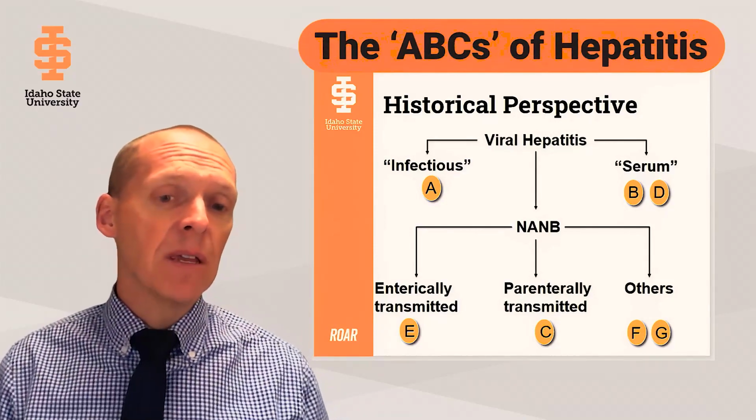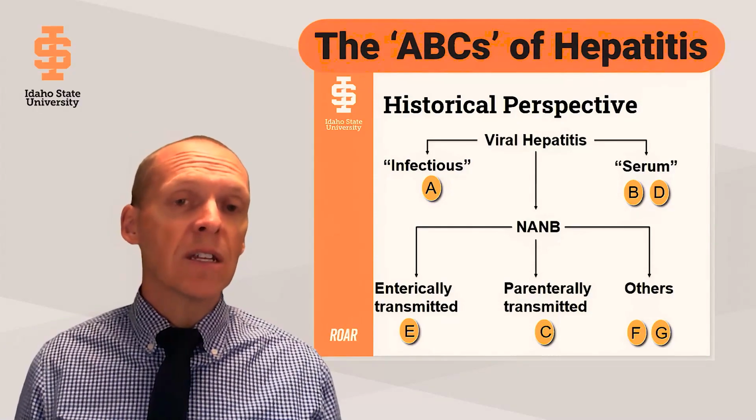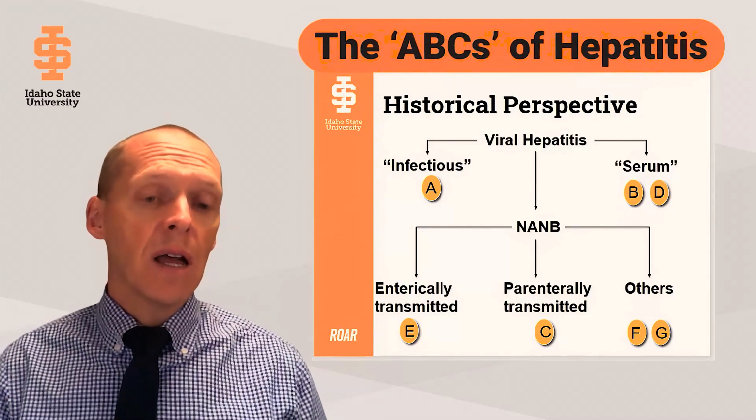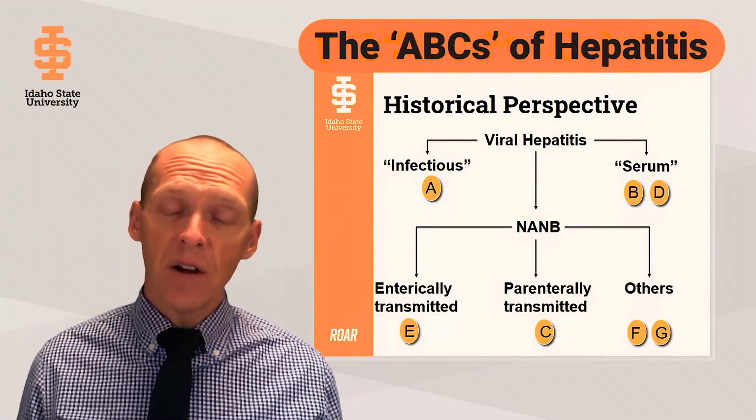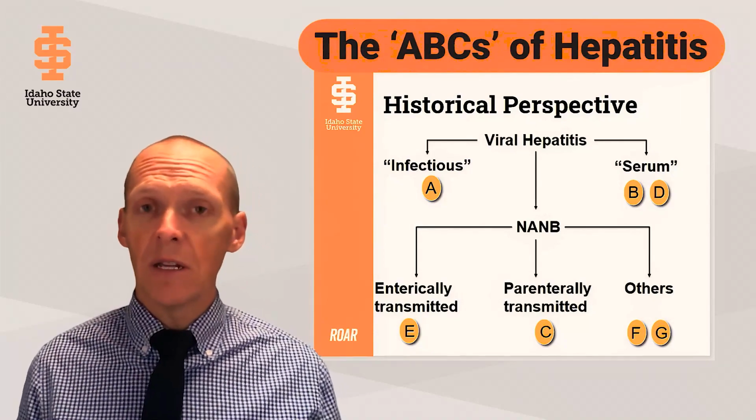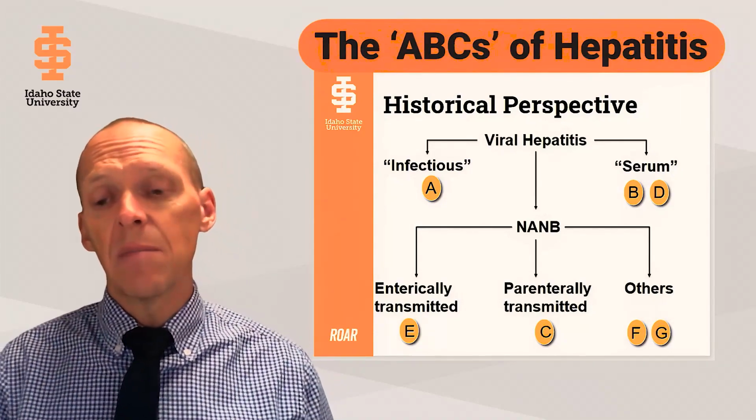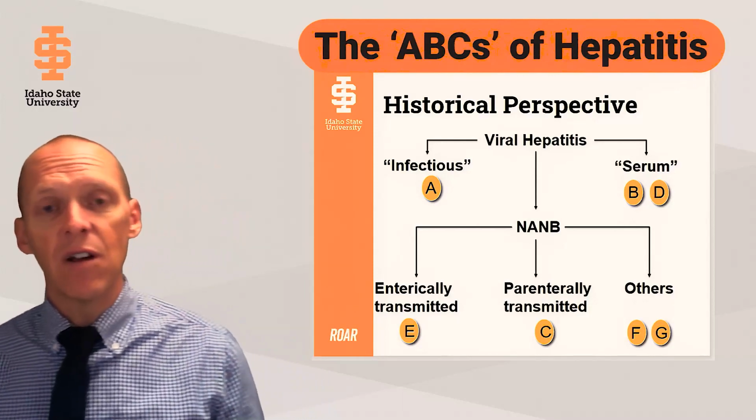Outside of hepatitis A, B, and C, you may see in some of the literature hepatitis E. It's not very prevalent here in the U.S. You may see it in other parts of the world. Same thing with hepatitis F and G, very uncommon.